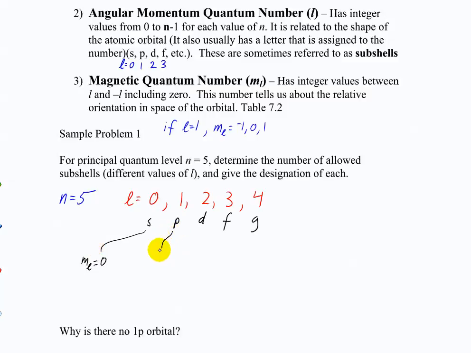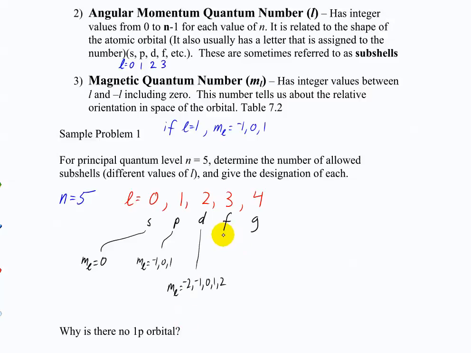A p orbital can have ML equal -1, 0, and 1. Again, L to -L. So there are 3 different p orbitals. A d orbital is 2, so it can go from 2 all the way to -2, which means that there are 5 different d orbitals.